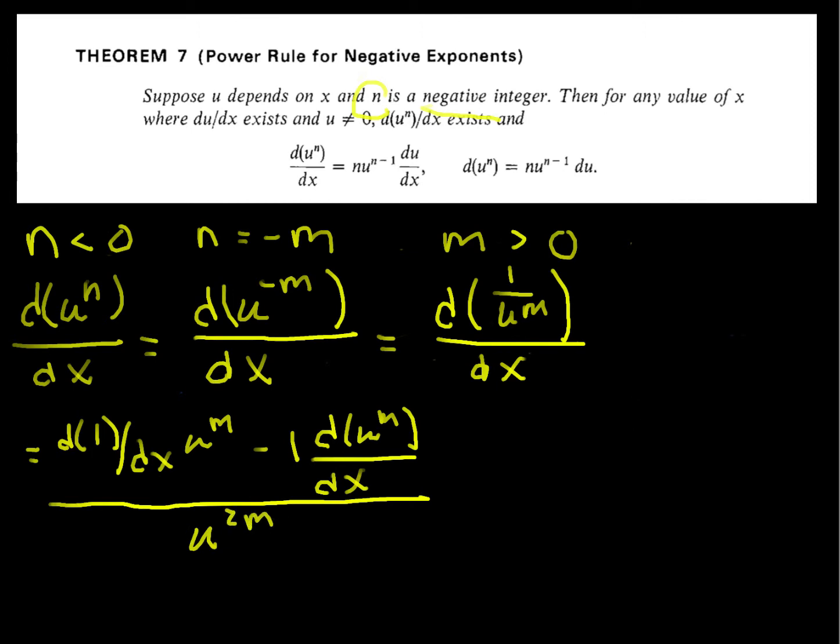Now, this first term is a constant, right? 1 is constant, so d1 dx is 0. The derivative of any constant is 0.